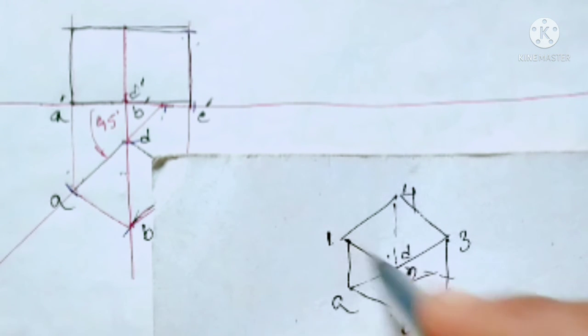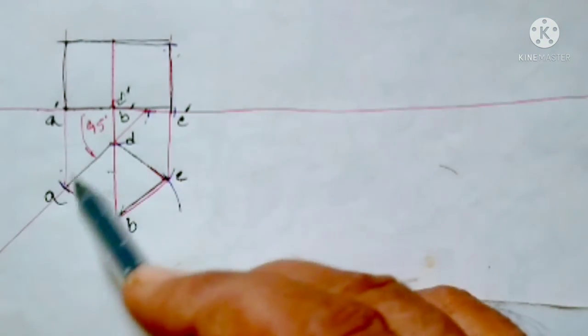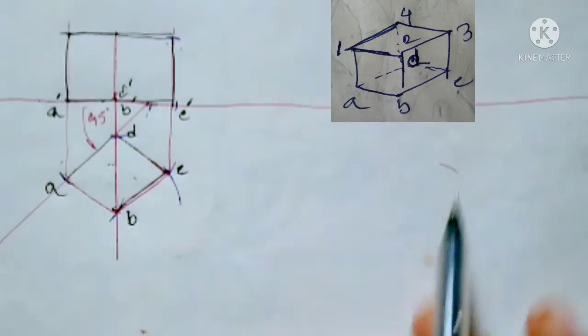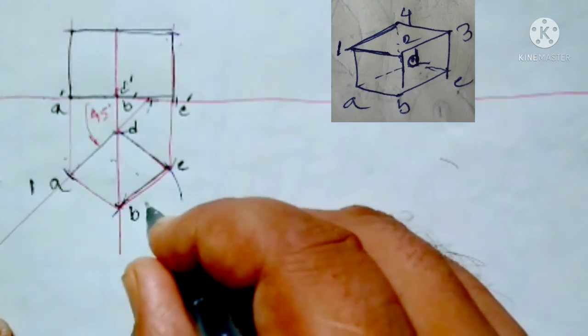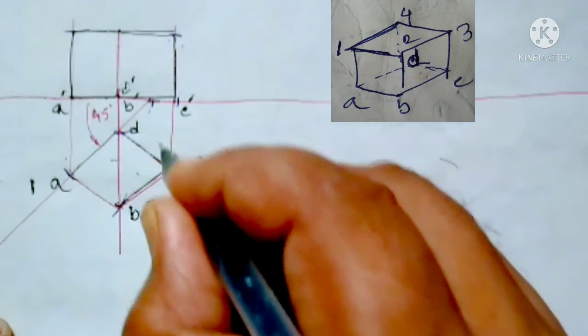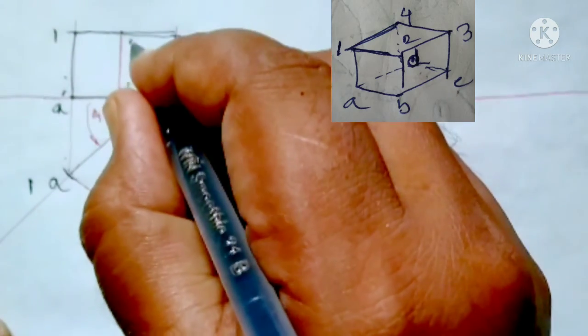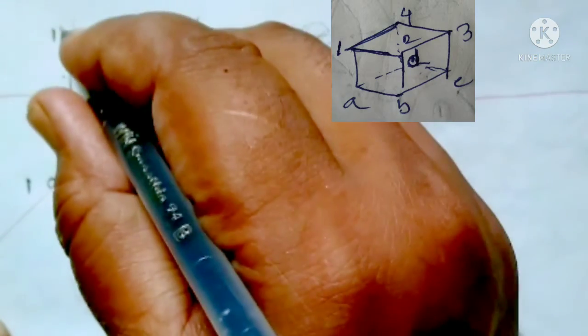Here we see that if we look at the top, the points of the top plane will merge with the same points of the base plane. So we will give the names of the points 1, 2, 3, 4 for the top plane on the same points of the top view. Now we will give the point names 1 dash, 2 dash, 3 dash, 4 dash at the upper side of the front view.